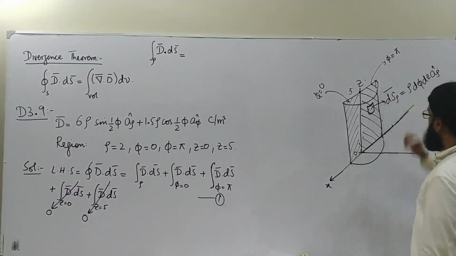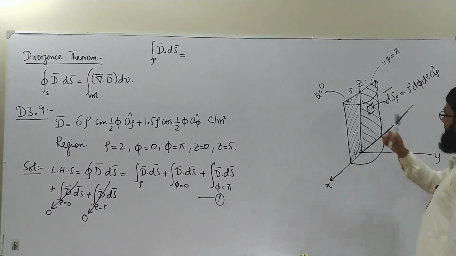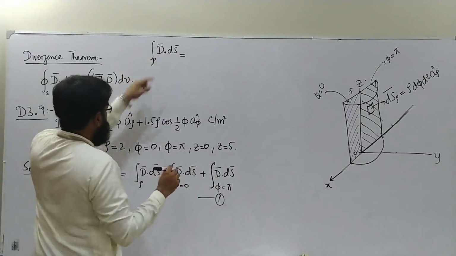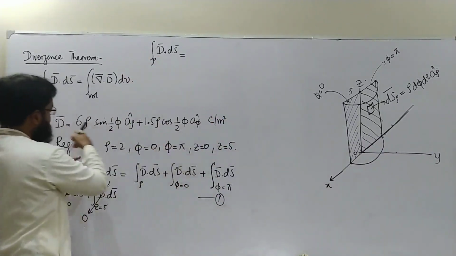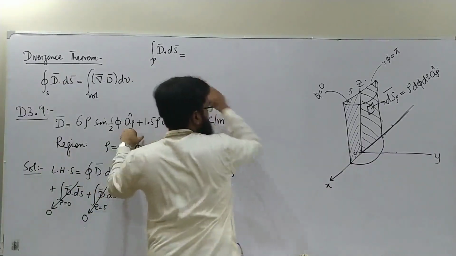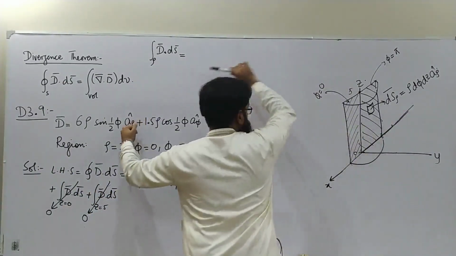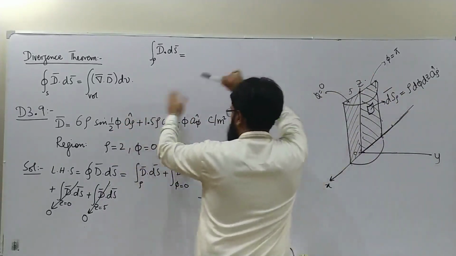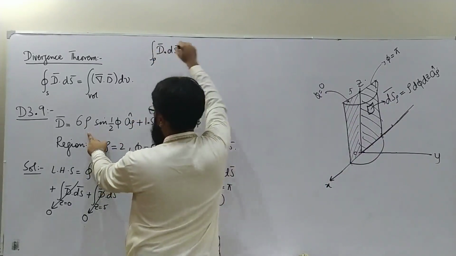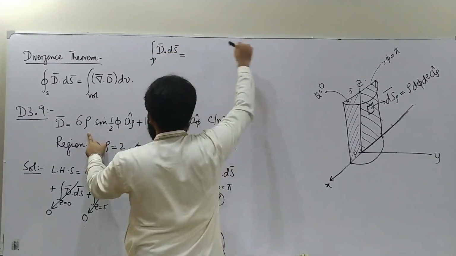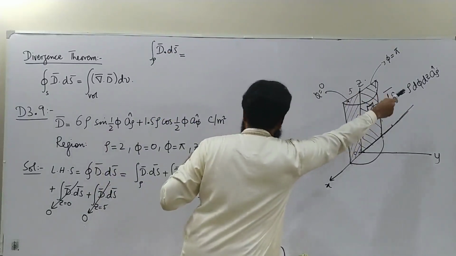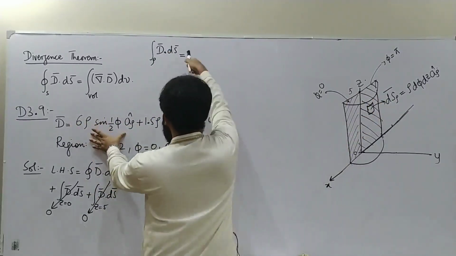This is the direction of the patch. Instead of writing the whole of this d, I should take the first component only, because the ds has got only one component, so I should not waste time writing the second one. You should write a one liner here: since the surface area has got only a rho component, I write the rho component only.